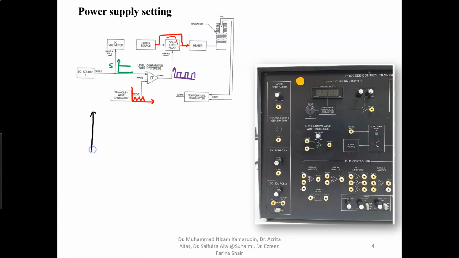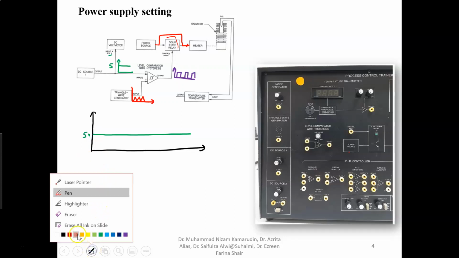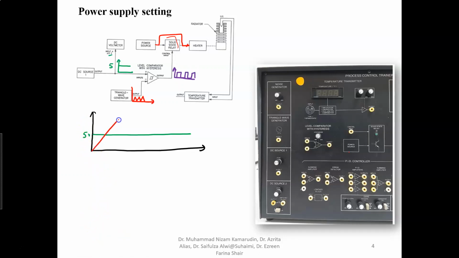So you have this DC level voltage, and we put here 5 volt, and we have a triangle wave here.